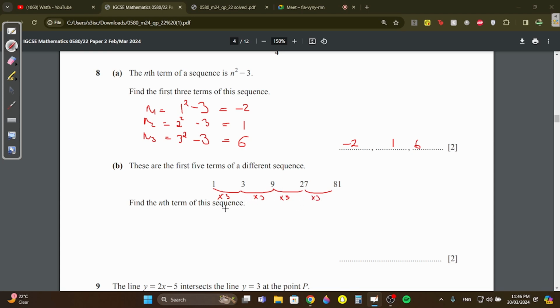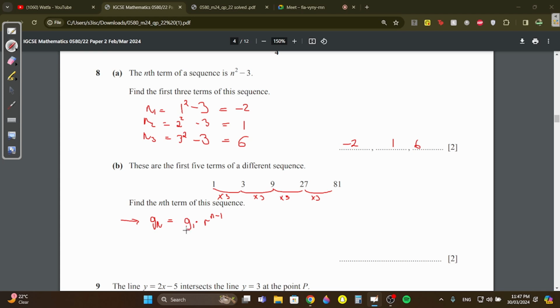This is a geometric sequence because you're multiplying. The rule for any geometric sequence is Gn equals G1 times r to the power of n minus 1. This is the rule for the nth term of any geometric progression.